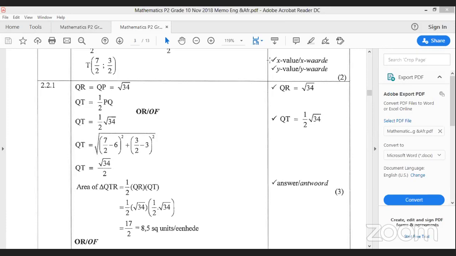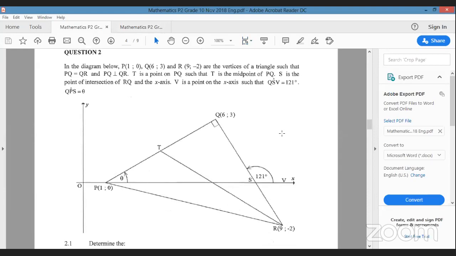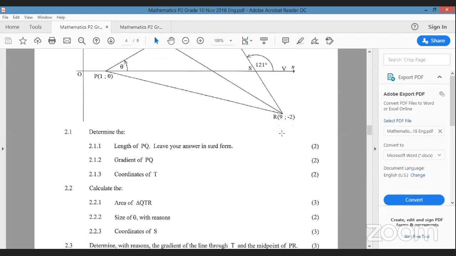Let's look at the next question. Perfect. Now, when you look at the next question, it's 2 marks. It says find the size of theta with reasons, right? So basically, they want to know the size of this angle theta, right?